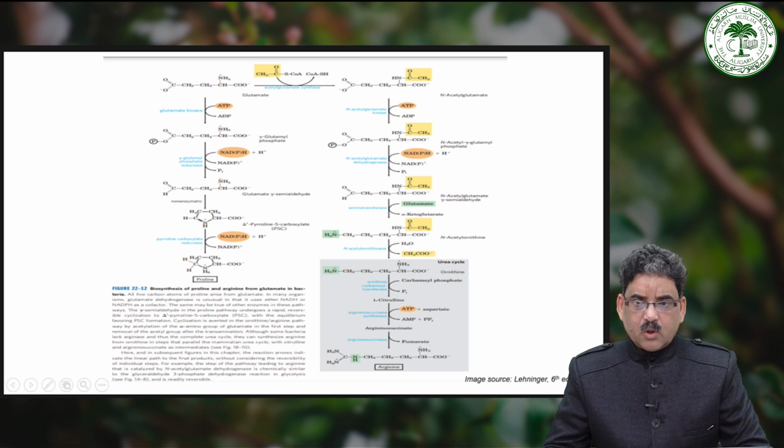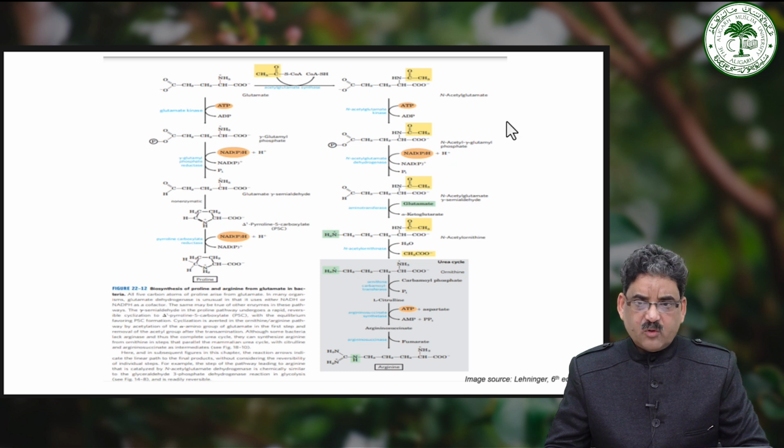Ornithine could theoretically be produced from glutamate gamma semialdehyde via transamination, but the spontaneous cyclization of the semialdehyde in the proline pathway hinders a sufficient supply of this intermediate to ornithine synthesis.